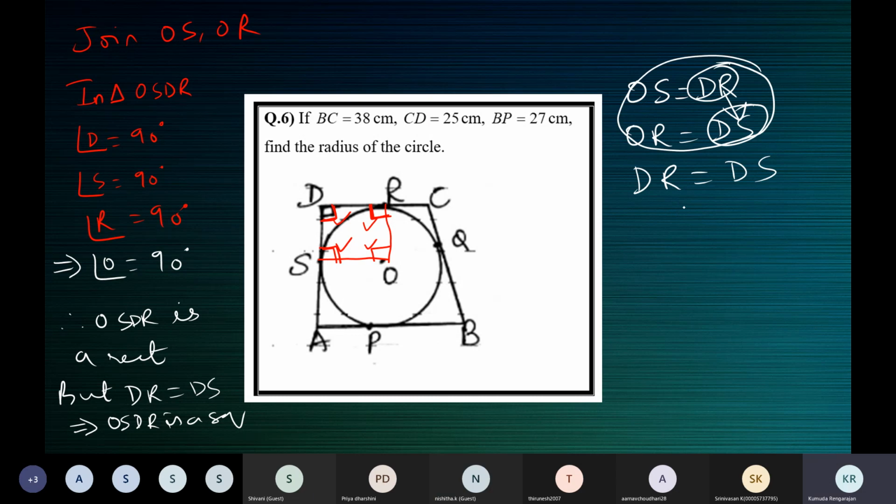That is why when opposite sides are equal and one pair of adjacent sides are equal, all the sides become equal.